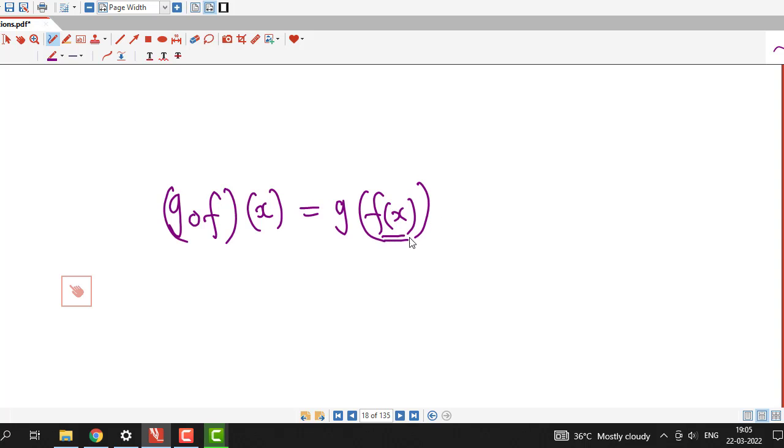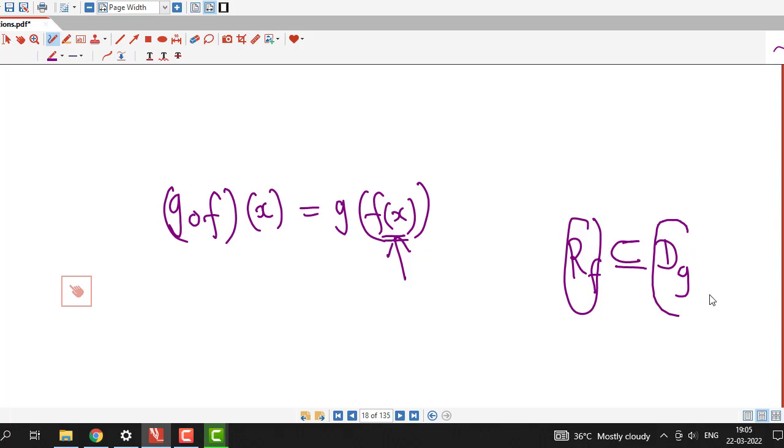Now this f(x) is in the range of f, so range of f must be contained in the domain of g, because we are evaluating value of g at point f(x), and that point f(x) is in the range of f. So therefore range of f is required to be contained in the domain of g.